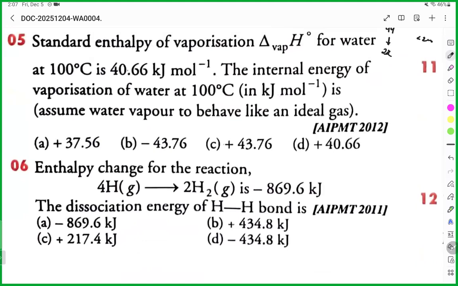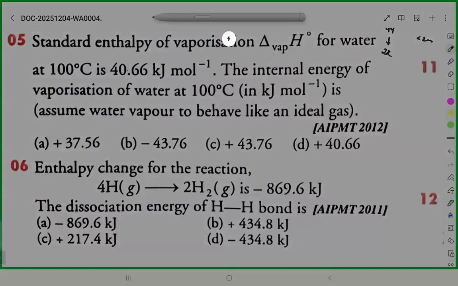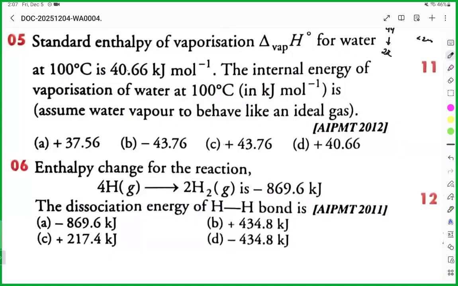So what is ideal gas? A gas that have perfect condition. Standard. And PV is equal to energy. PV? PV is equal to energy. Do it fast.